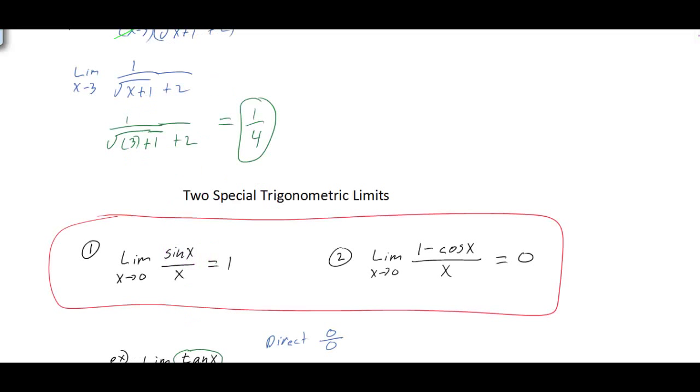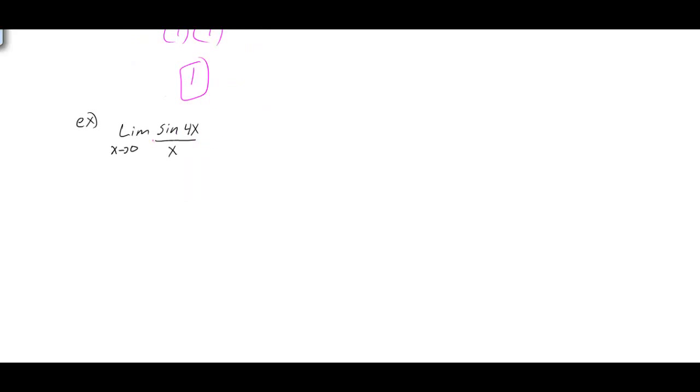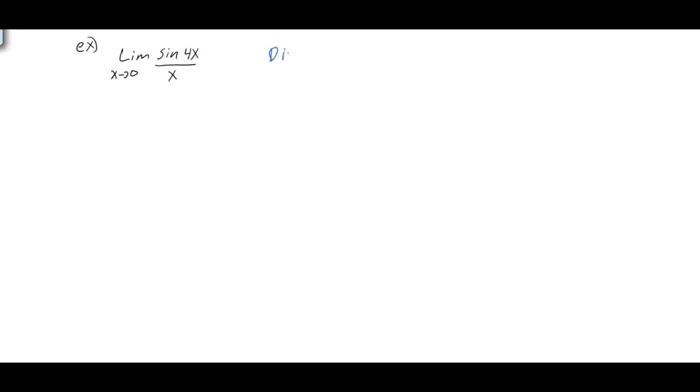All right, one more example here. If we look at the limit of sine of 4x divided by x as x approaches 0. Well, once again, direct substitution gives you 0 over 0, the indeterminate form.